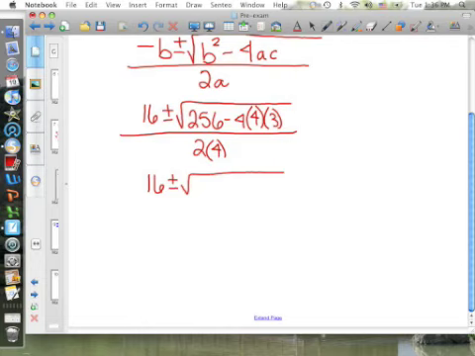Four times 4 is 16 times 3 is 48. 256 minus 48 is 208.